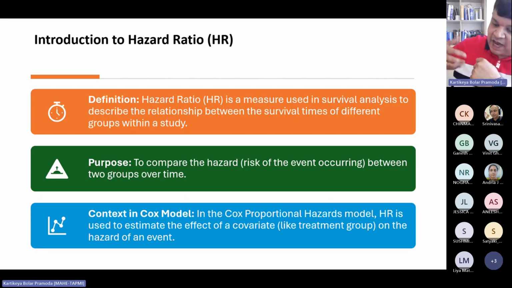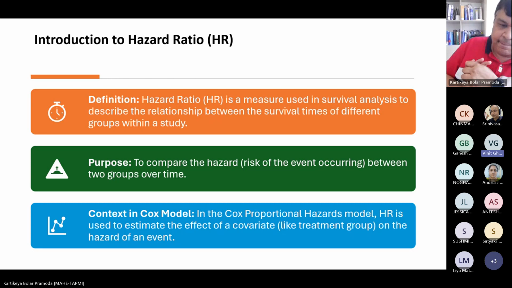When we check the efficacy of the treatment, we need to see whether the treatment has reduced the risk rather than increasing the risk. So naturally, what we expect is that the hazard rate of treatment divided by the hazard rate of non-treatment should be less than 1.